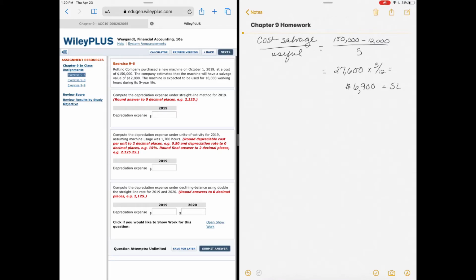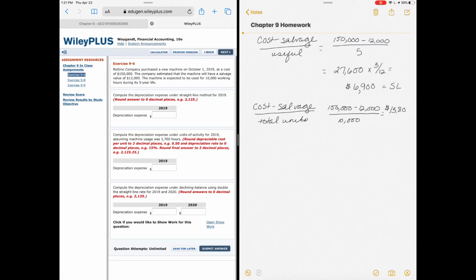To find that out, again, I take that depreciable cost, which is cost minus salvage value, and I'm going to divide that by the total units that I expect this machine to produce. And here we're talking about hours. So my cost minus my salvage, divided by my total hours, tells me that for every hour, I should depreciate $13.80.